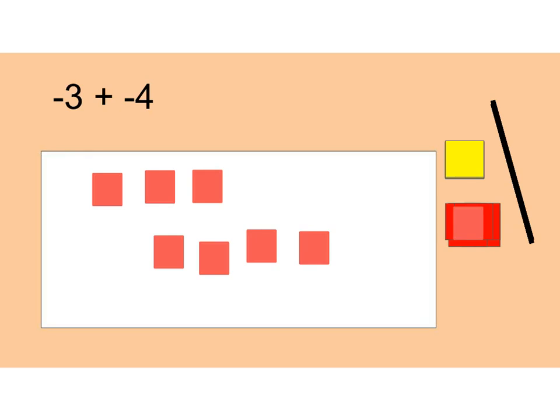So we're just going to add them together. 1, 2, 3, 4, 5, 6, 7. -3 plus -4 is -7. All right, so when we have like signs, we're really just adding the numbers together. All right, so take your notes page again, and let's pull that up, and let's write down what we've just learned.